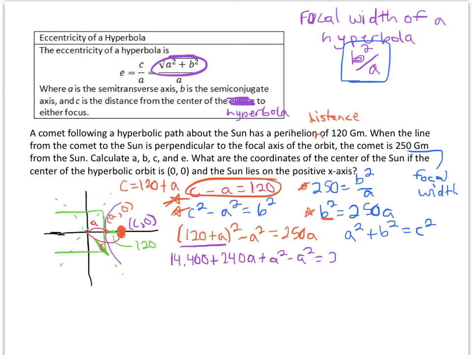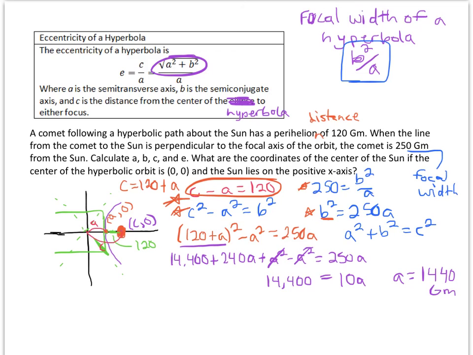Oh, how convenient, my a squareds cancel. I'm going to put my a's together on one side, and that gives me 10a equals 14,400. So a equals 1440. The units on this are GM.